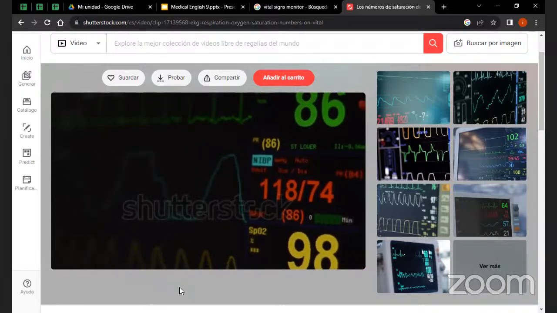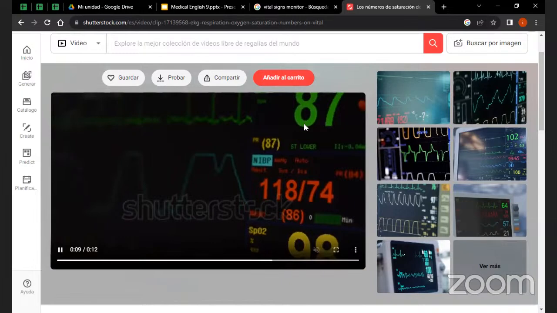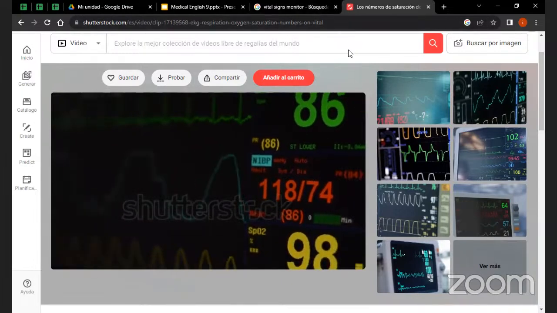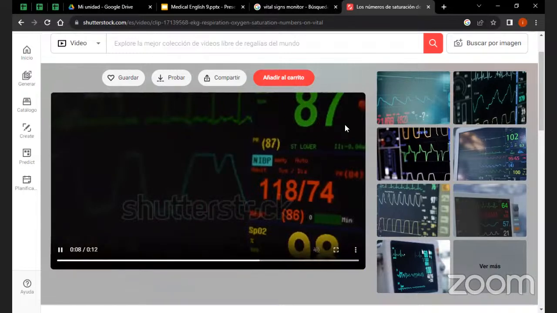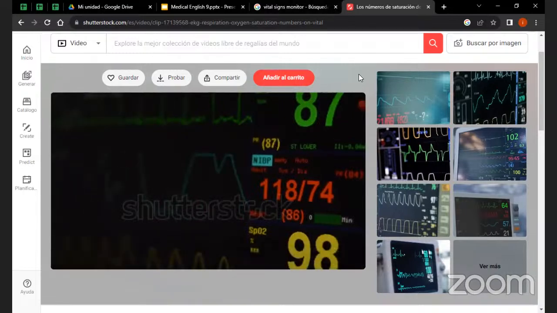Yes. The idea of this is practicing how to give these explanations. Do you remember the abbreviations of all of these vital signs? How to write it or how to say it? Tell me. The BP, blood pressure. Okay, great.